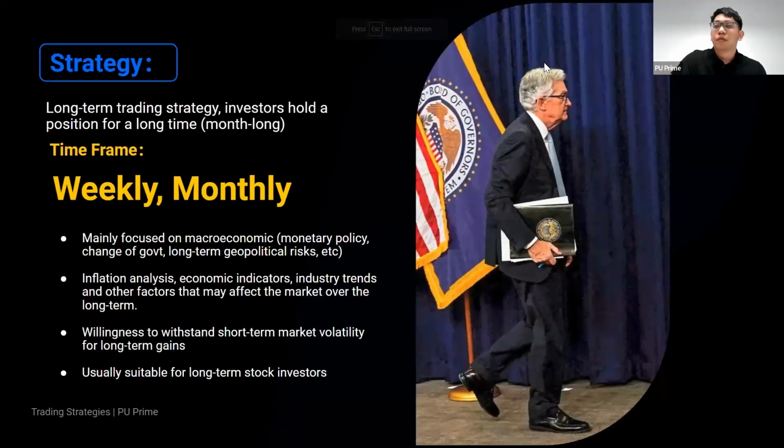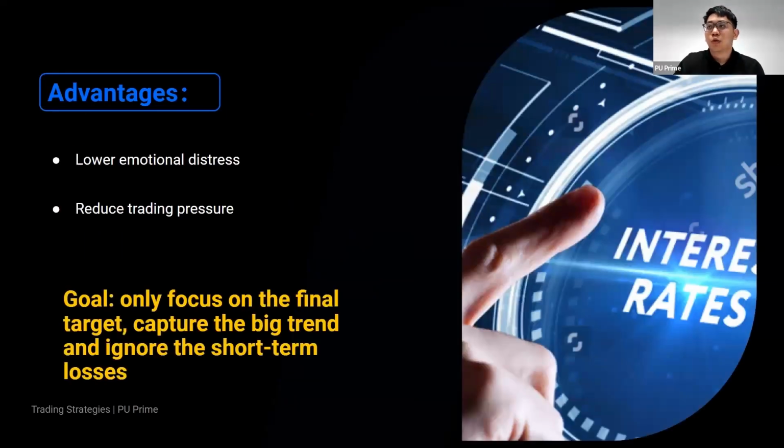If you're trading on some other asset class, like stocks and indices, maybe you can use up to weekly and monthly time frames to cancel out all the noise. The advantage is you lower your emotional distress. When you open a trade, it's not purely reliant on price movement, candlesticks or any technical indicator, because your position is backed by fundamental analysis.